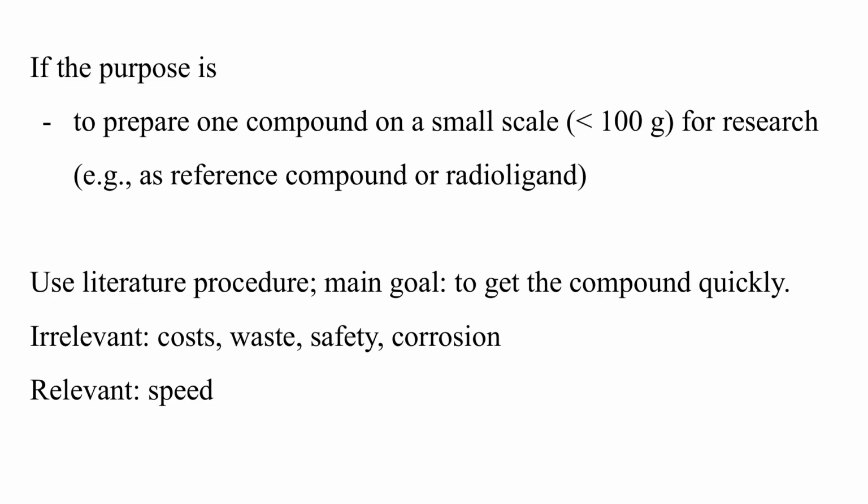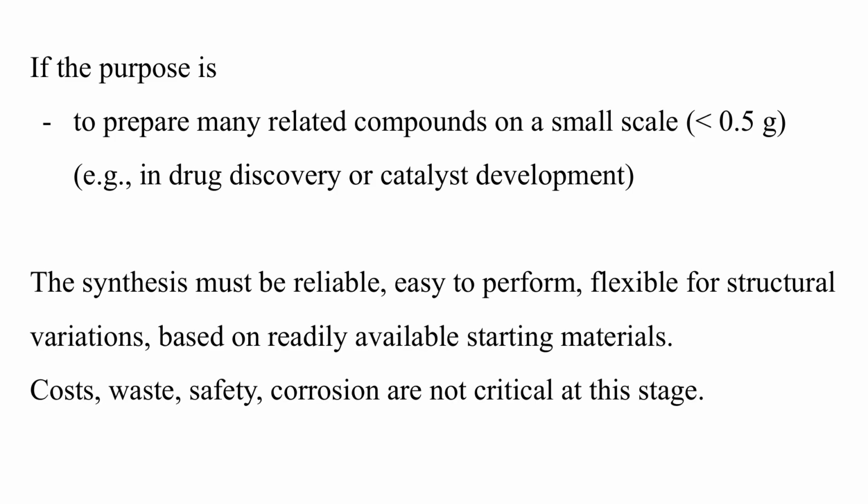Safety is of course always important, and you should have an idea about the toxicity of reagents and intermediates and about fire and explosion hazards. But the smaller the scale of a reaction, the less critical these issues become. If you have to prepare many analogs of a lead structure on a small scale, the synthesis must be reliable, easy to perform, and flexible for structural variations.